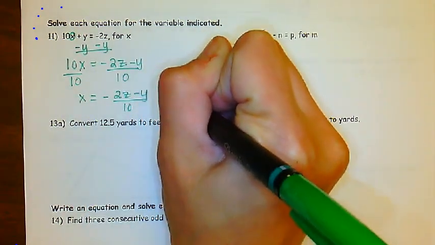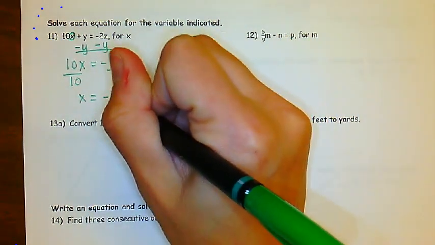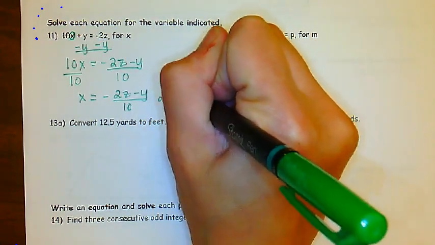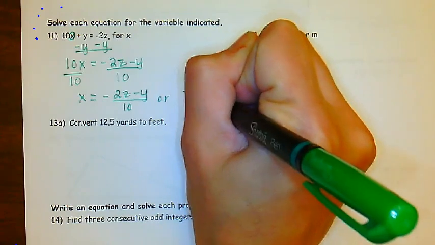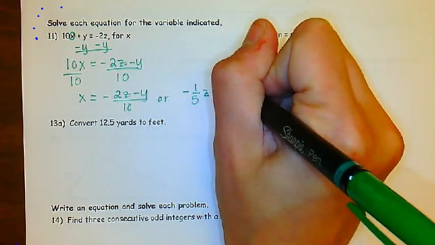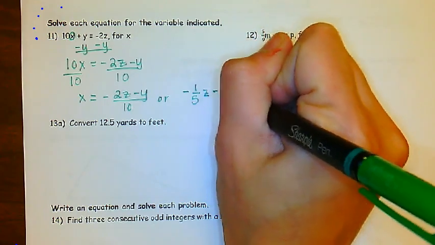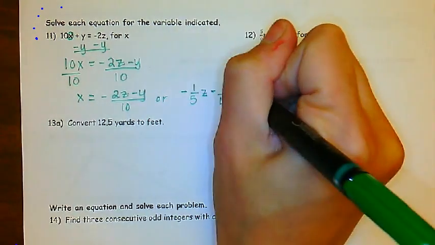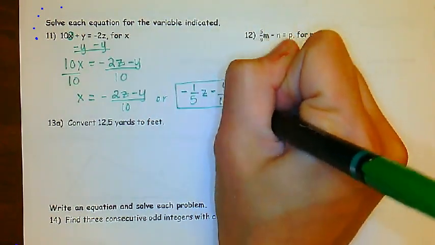Or you could simplify that. Negative 2 divided by 10z on this side would be negative 1/5 z. And then on this side would be minus y over 10. Okay, either of those would be acceptable.